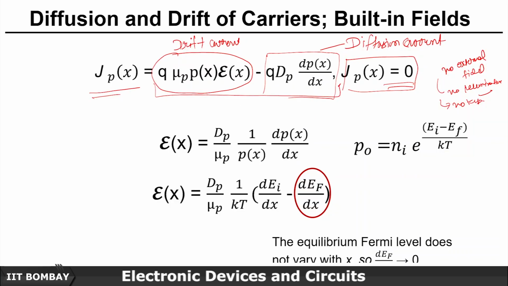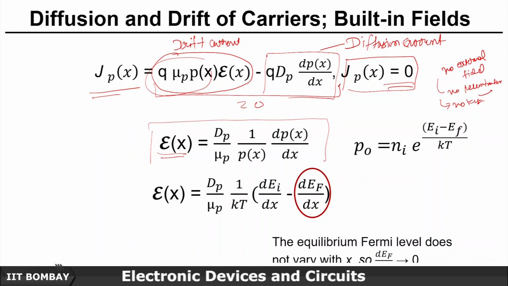So if it is 0, then Ex is equal to, if we just put this equation equal to 0 and take one term to the other side and derive the expression in terms of electric field, we get this term. Okay.